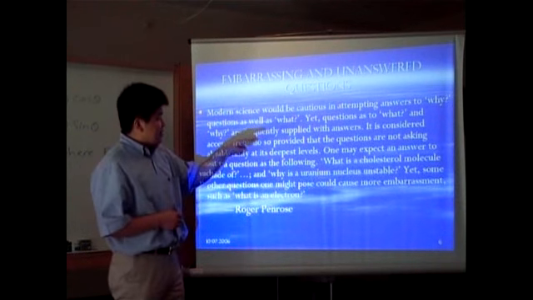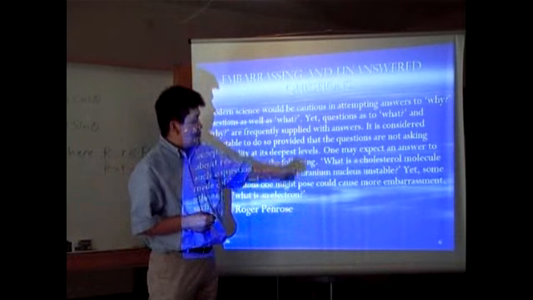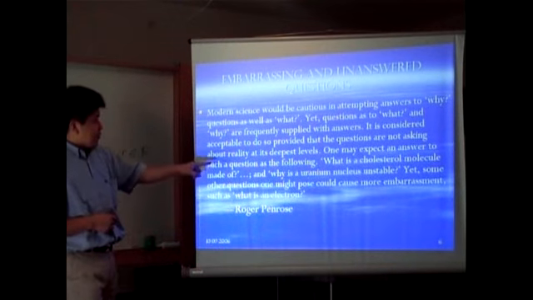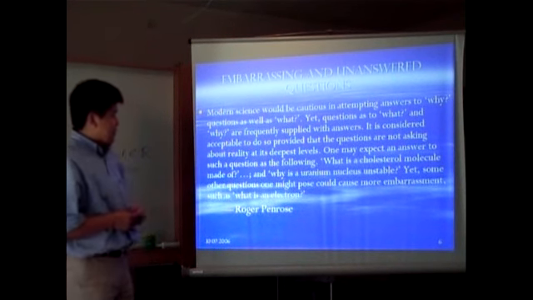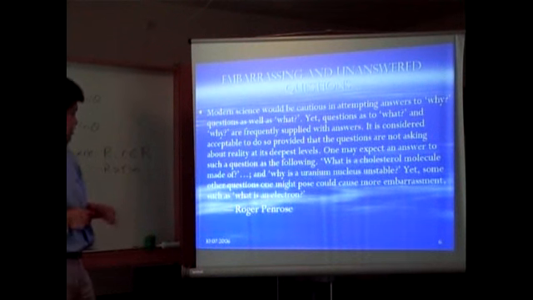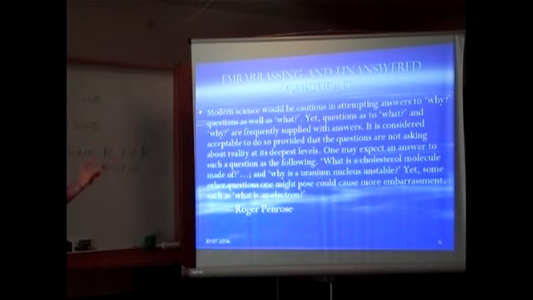One may expect an answer to such a question as the following: what is a cholesterol molecule made of, and why is a uranium nucleus unstable? Yet some other questions one might pose could cause more embarrassment, such as what is an electron? He felt this kind of, first of all, it's a question, and secondly, it's kind of an embarrassing question. Well, hopefully the answer is not embarrassing.